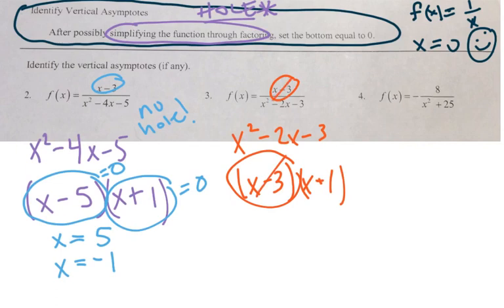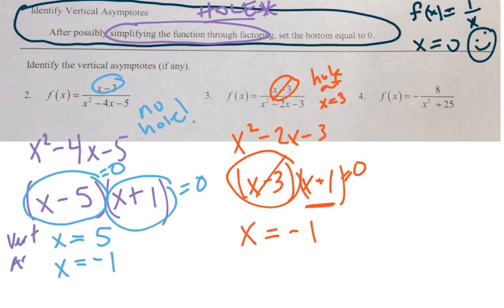Okay, so therefore there is a hole at x equals 3. Okay, so we have that hole. Now, all I have to do to find my asymptote is take the remaining factor, x plus 1, set it equal to 0, and then we have a vertical asymptote at x equals negative 1. So I'm going to label these as vertical asymptote. Okay, vert right there.